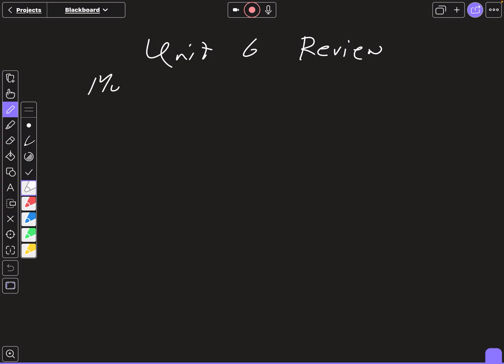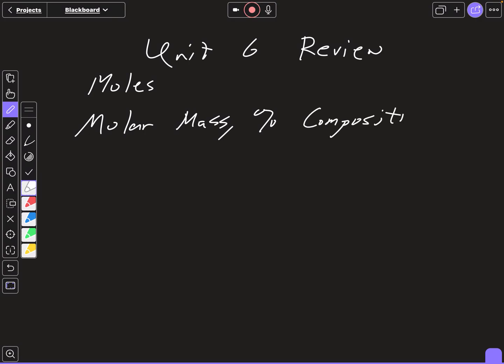moles, and the types of problems that we're going to work are molar mass, percent composition, and mole conversions, which are moles to grams conversions, and then back, grams to moles.